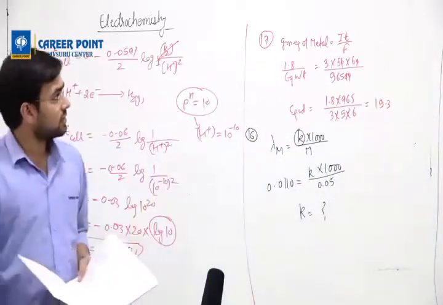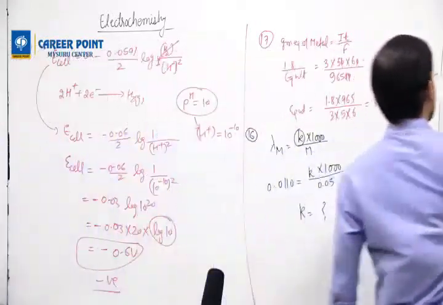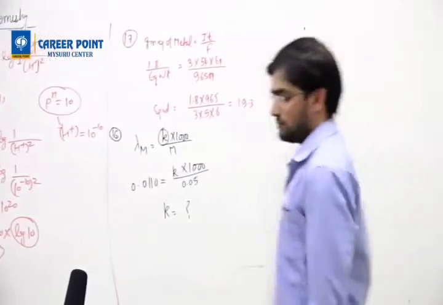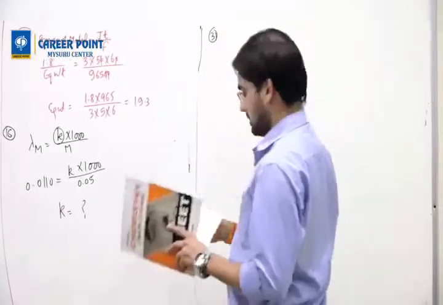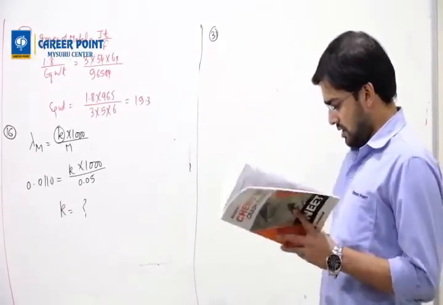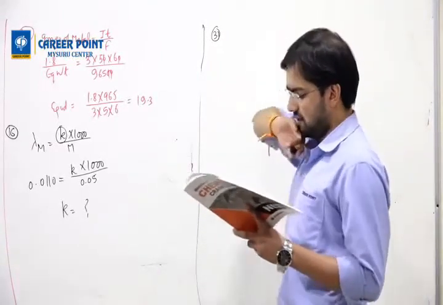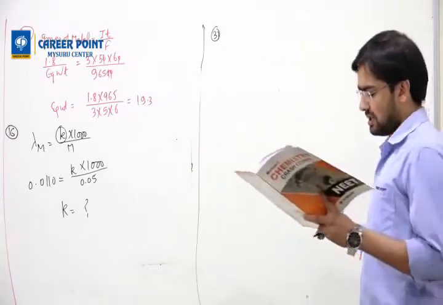Then question number 31. If X is the specific resistance of the solution and N is the normality of the solution, the equivalent conductance of the solution.